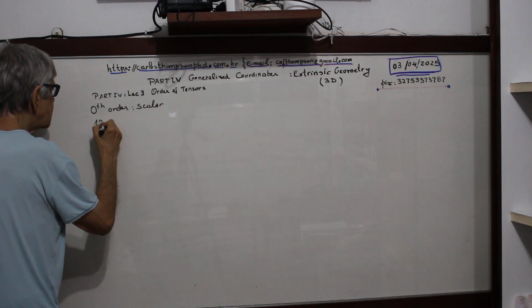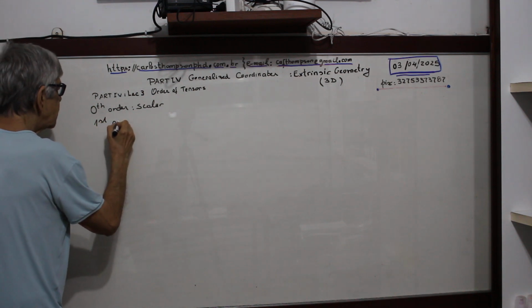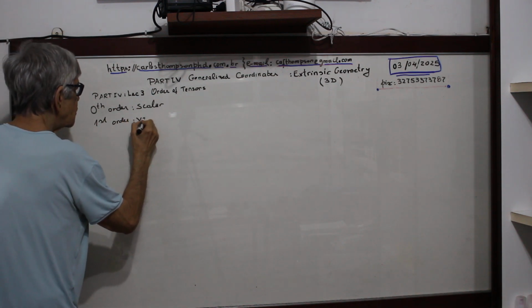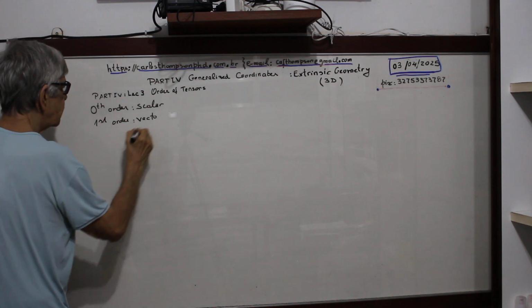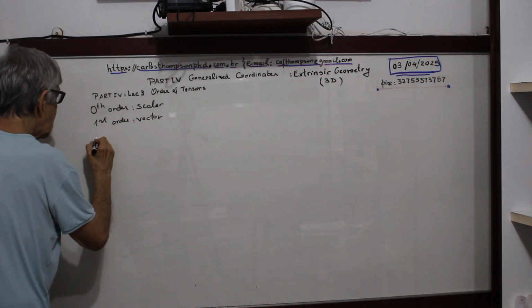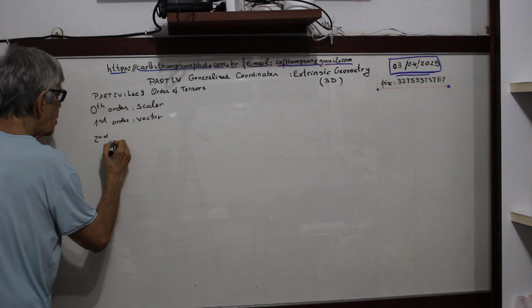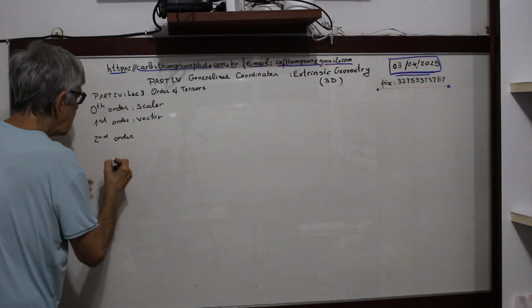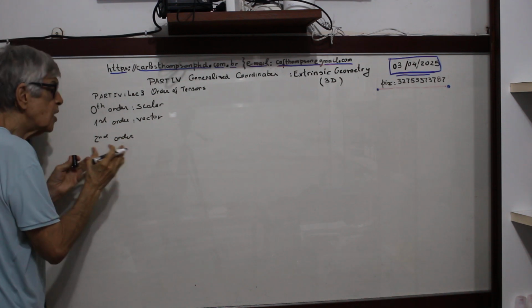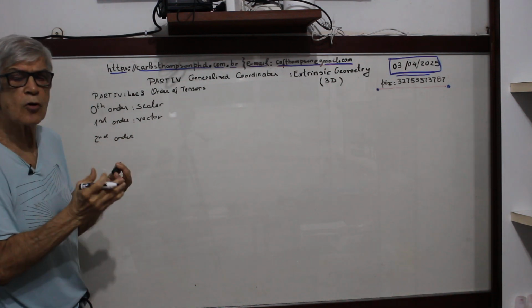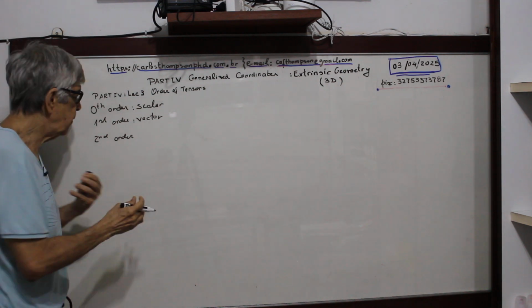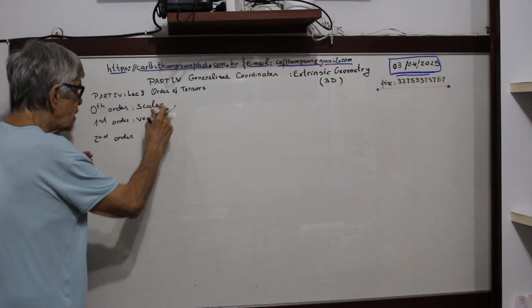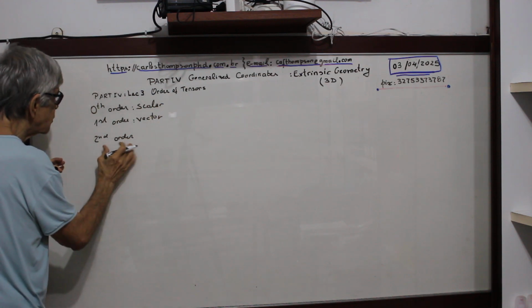The first order tensor is called a vector. Okay? Now, second order tensor, you see, in general, in linear algebra, you play with second order tensor. This is a scalar, this is a vector. This I call second order tensor.